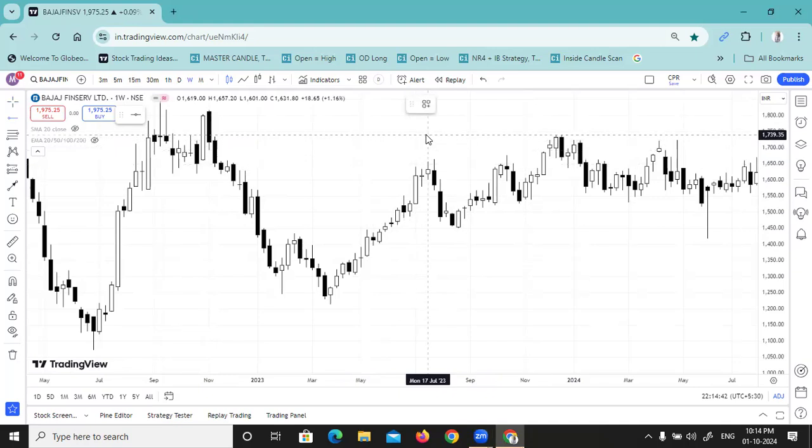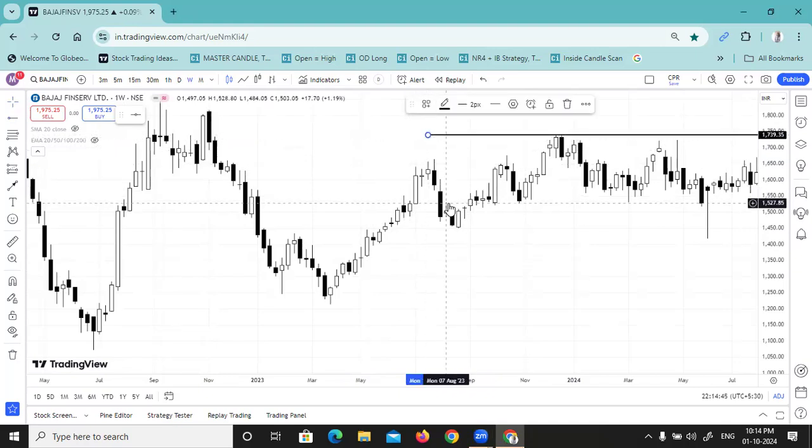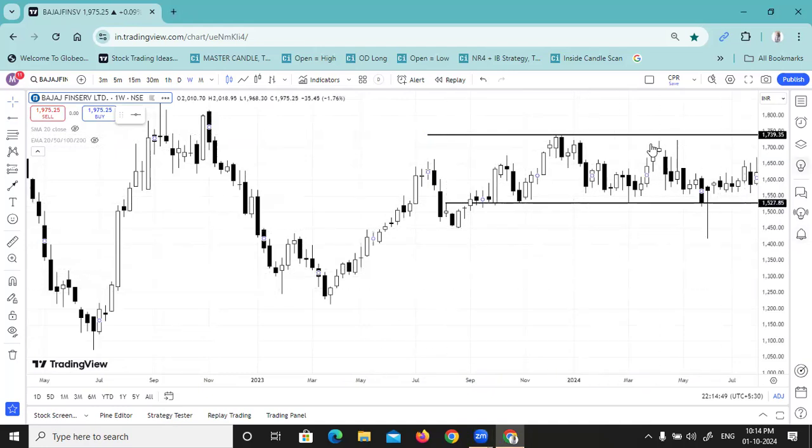See, this is the resistance. यहां से ऊपर नहीं गया. And since November, you can see this is the support. Price is stuck in this range. 1527 to 1740. तो ये कितने पॉइंट्स हो गया? Almost how many points you can see? Range is of how many points? Almost 200 points, right?